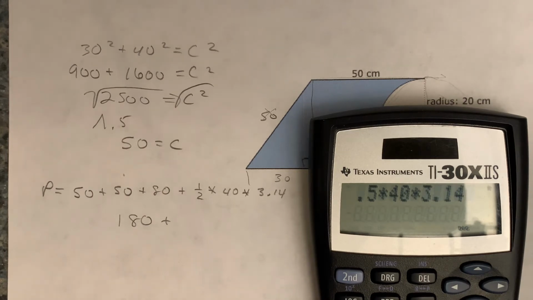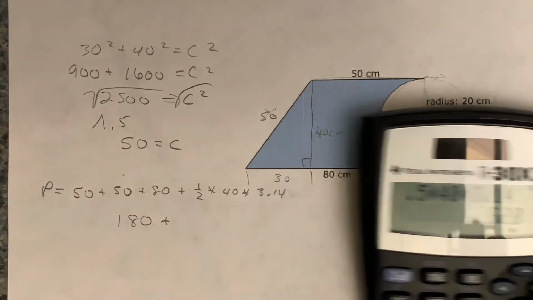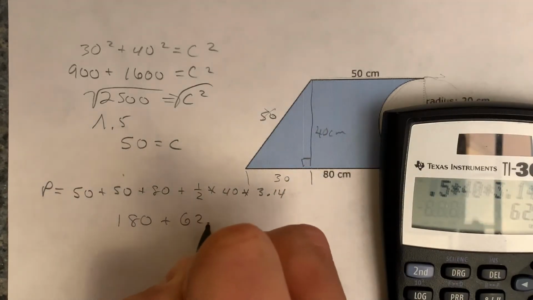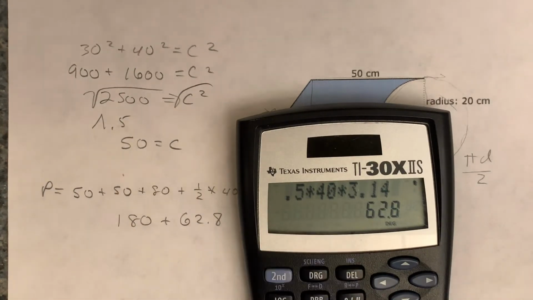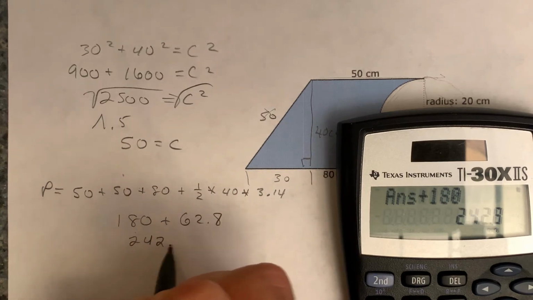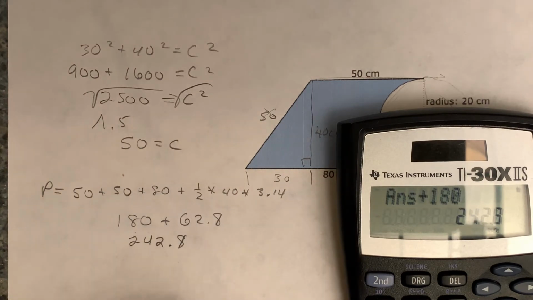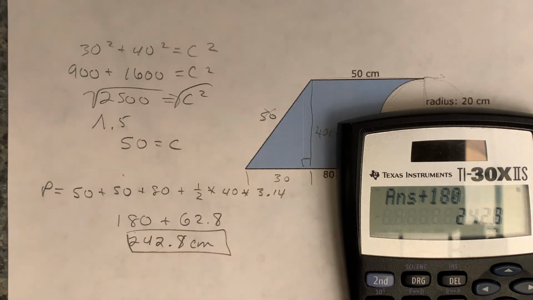Again, it's only half the circle. That's 62.8. And then you're going to add these together, so add that plus 180. That gives us 242.8. And that's going to be in centimeters. Remember, it's not squared because that's just the distance around.